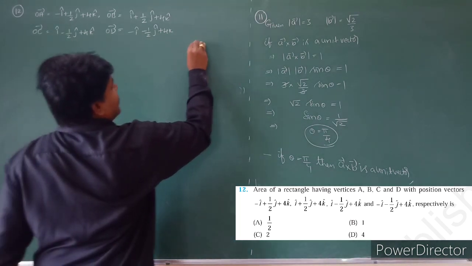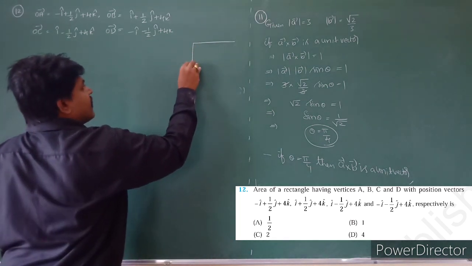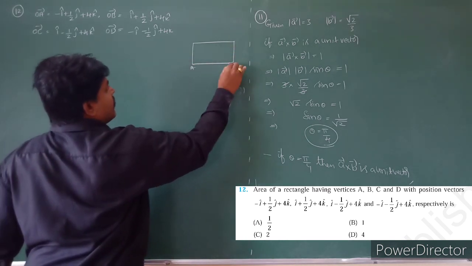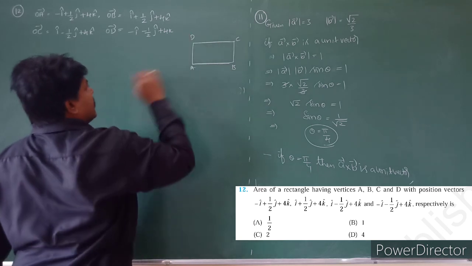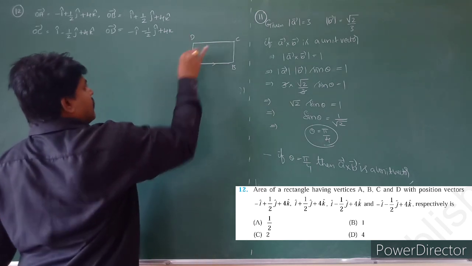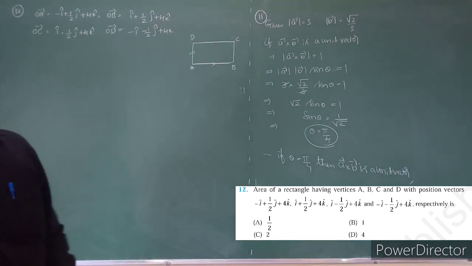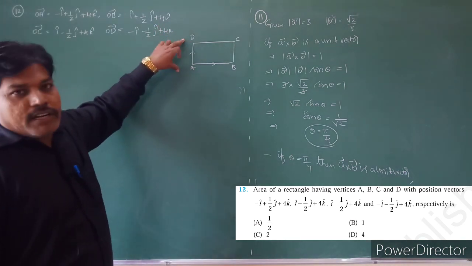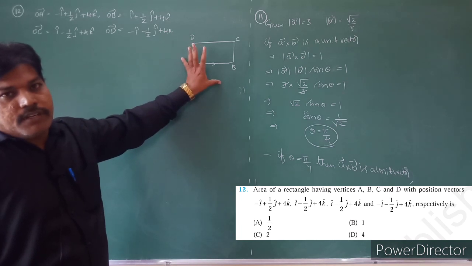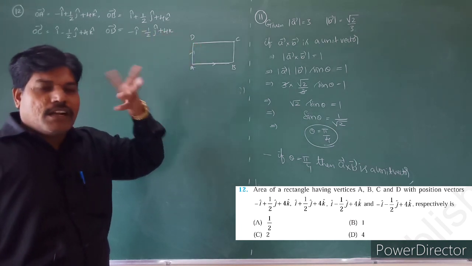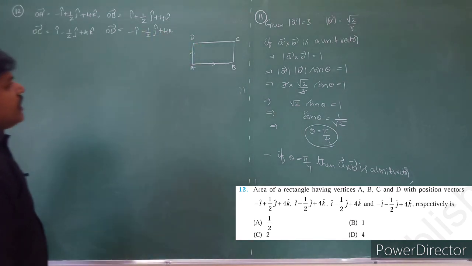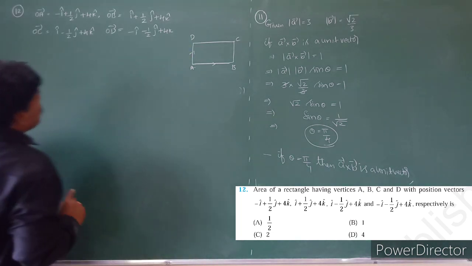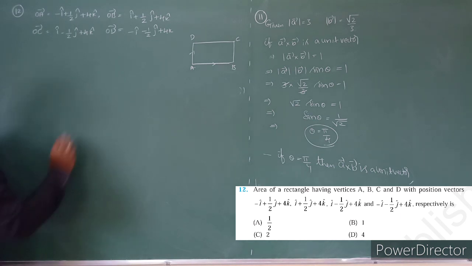So you will take A, B, C and D. So similarly here we will calculate the AB bar vector and AD bar vector, take the cross product and apply the magnitude. Okay. So the area is mod AB bar cross AD bar. So first I will calculate that AB bar vector.